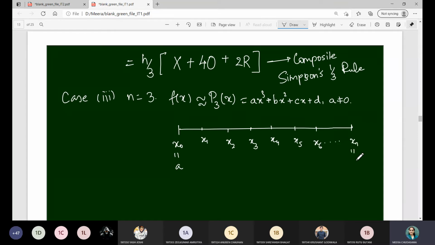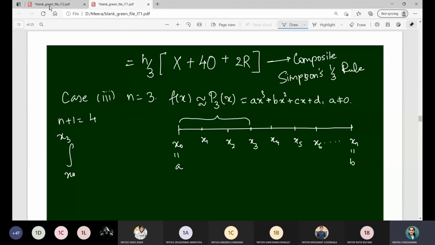The last point is xn, which is b. Since we have considered n equal to 3, the data points required are n plus 1, that is 4: x0, x1, x2 and x3. That means the first subinterval we will consider is x0 to x3.